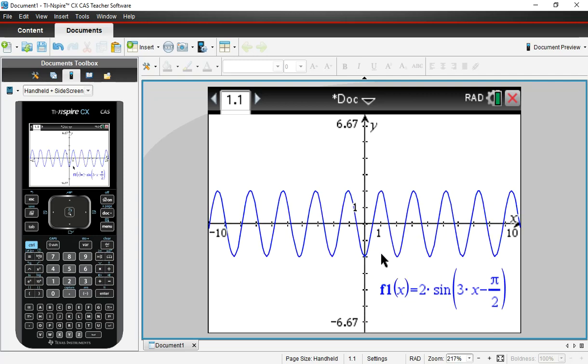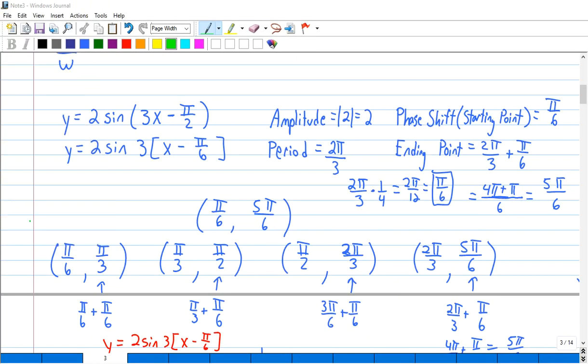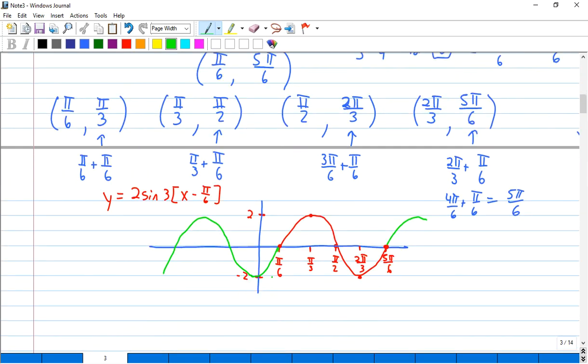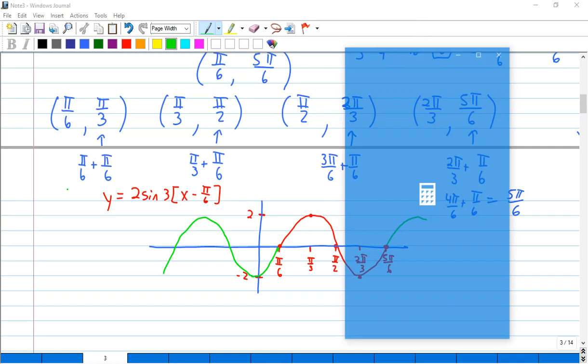Okay. So how can we know that this graph is the same as what we have? Well, we're going to have to think about what our graph is with decimal approximations. Like, we don't have pi over 6 on our x-axis. So we only have whole numbers. So we need to use a calculator of some type.